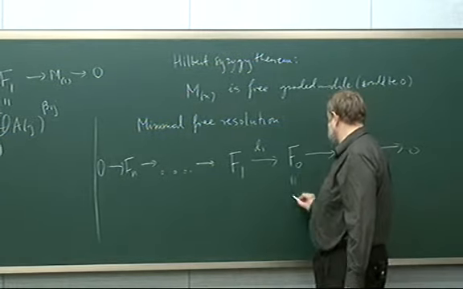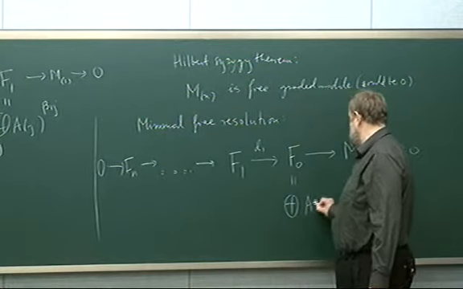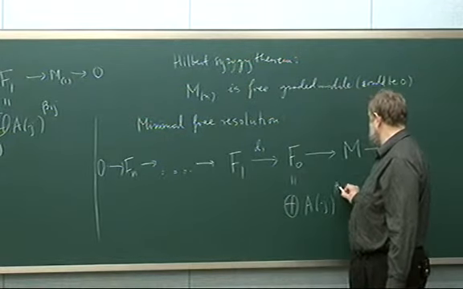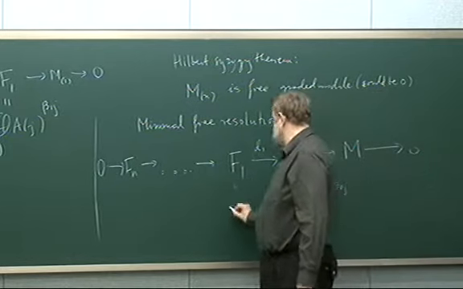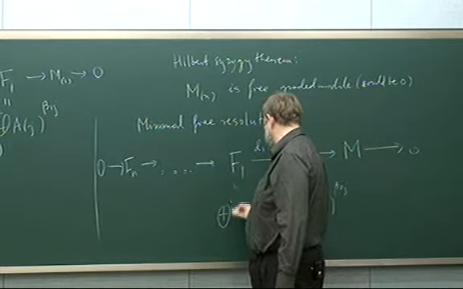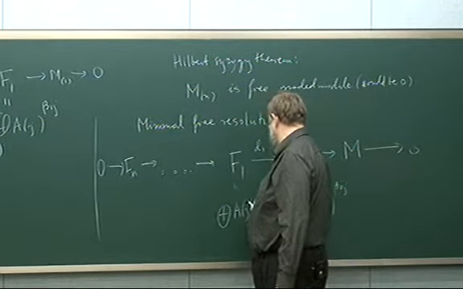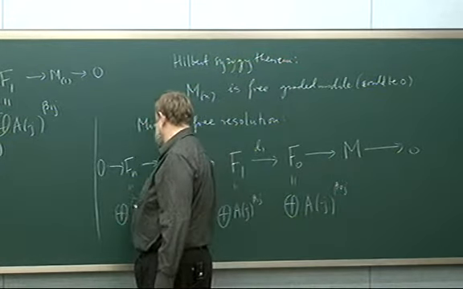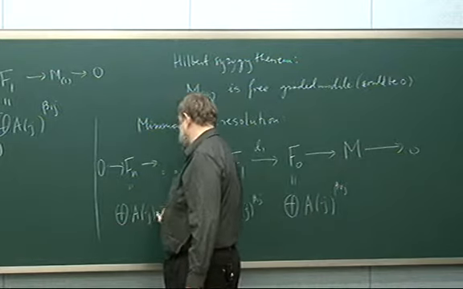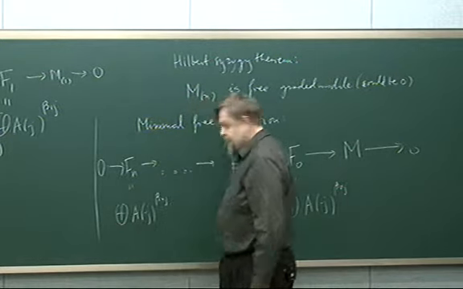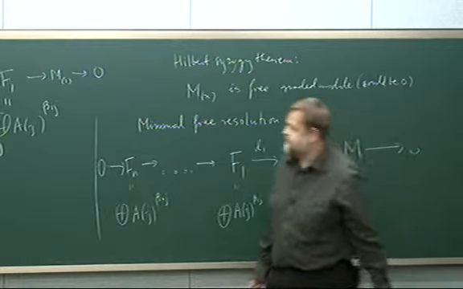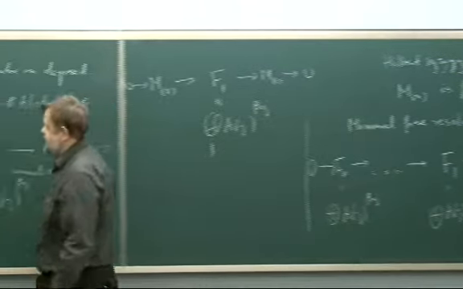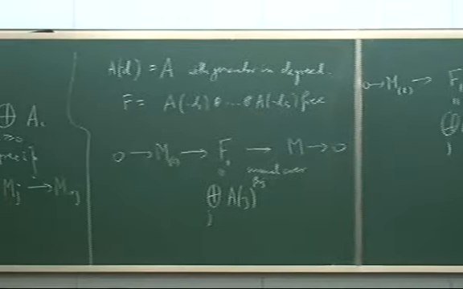Again, I remind that F0 will be the sum of A(-j) to some beta 0j. This will be the sum of A(-j) to the beta 1j, etc. And this will be a direct sum of A(-j), and I call those numbers beta nj. Well, it's all quite abstract, so let's look at some very simple examples.